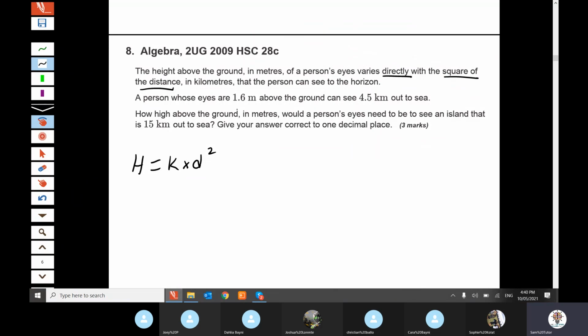Move on. A person whose eyes are 1.6 meters can see 4.5 kilometers out to sea. So H equals 1.6 meters equals k times 4.5 squared. So what does k equal to? 1.6 on 4.5 squared. k equals 0.079.